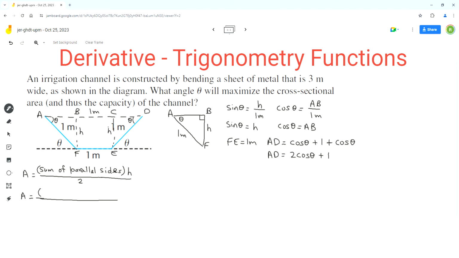We'll start with side FE, because we have to write the expressions for the sum of the parallel sides. So 1, and now we can write the expression for AD. And the height, we found, is equal to sine theta, over 2. Now we can combine like terms in the parentheses: 1 plus 1 is equal to 2.